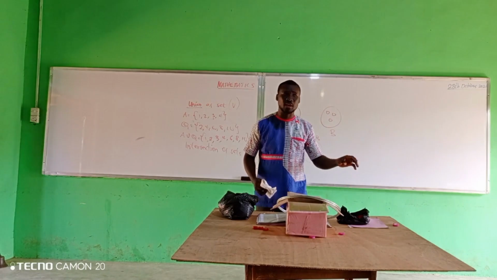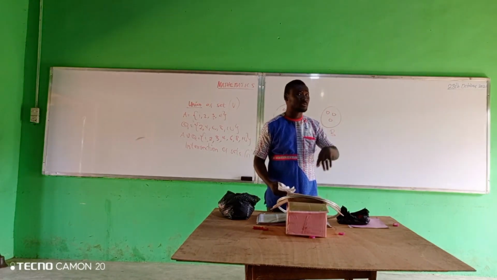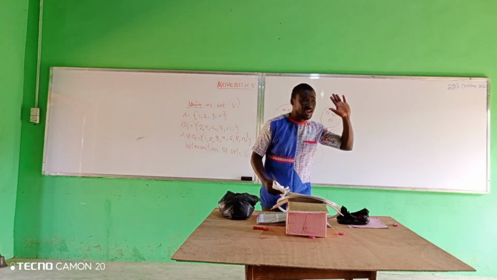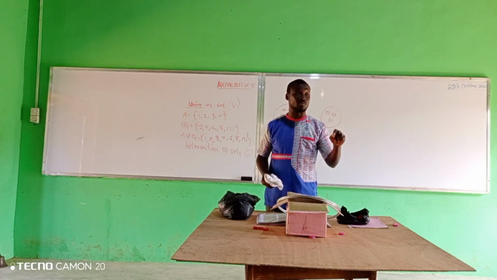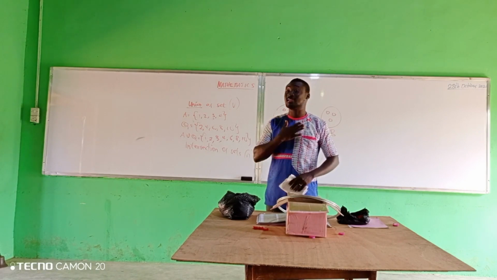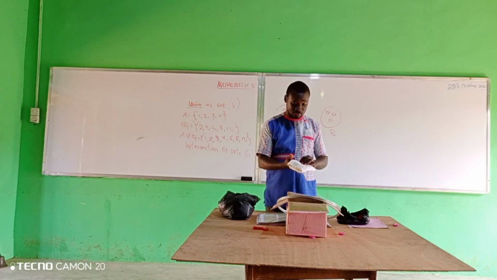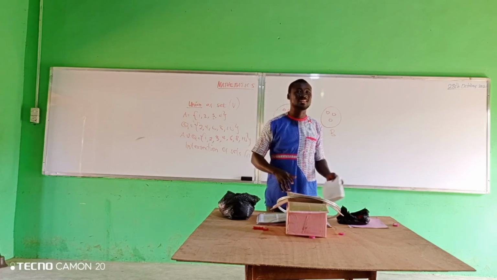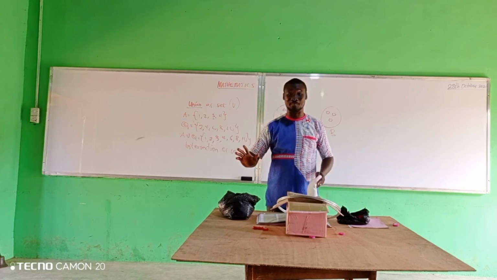Do we have people here who can give us some types of sets? Is there anyone here who can give us a type of set? The set that I love so much is the empty set or the null set. It is a set with no member.